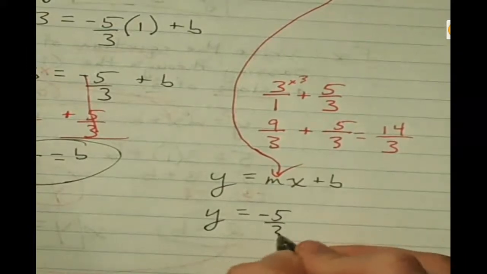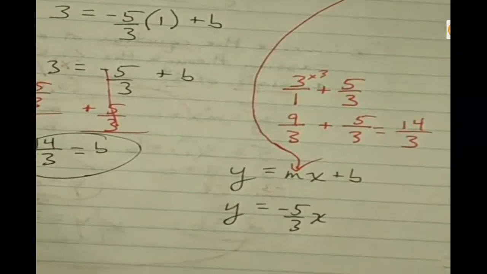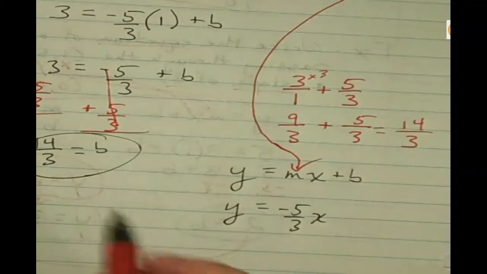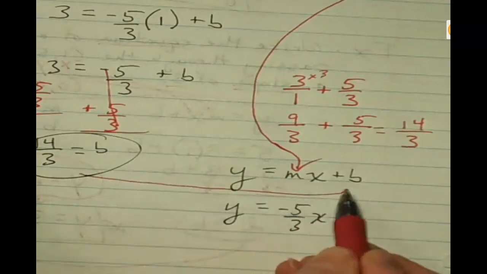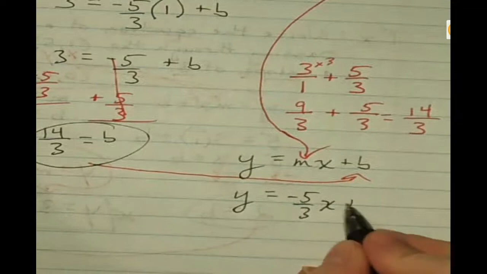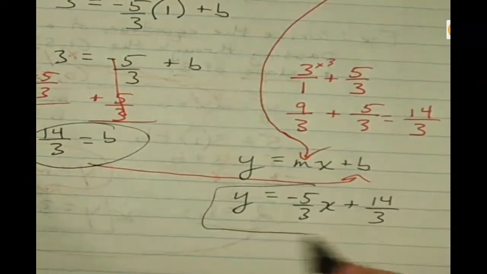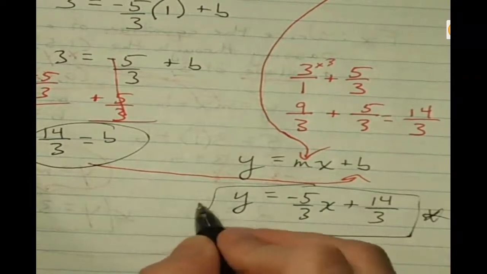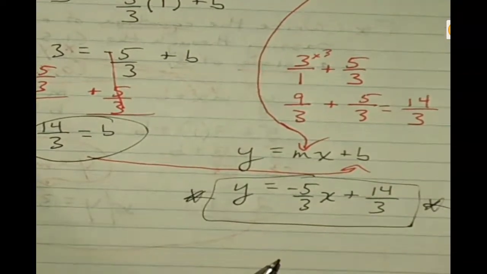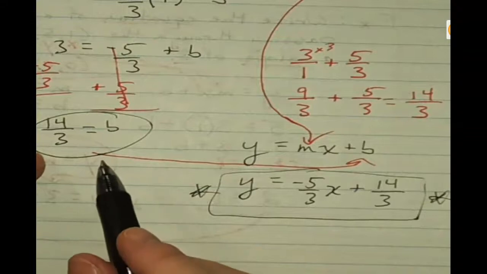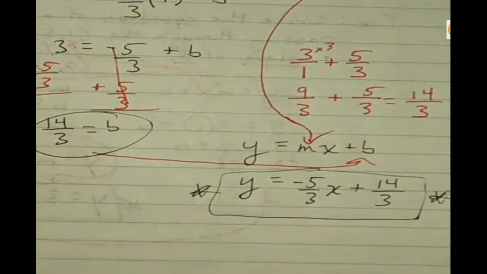So negative 5 over 3 x, and then here's my y-intercept. So plus 14 over 3. I thought b was y. It's your y-intercept, but it's not y. Any questions?